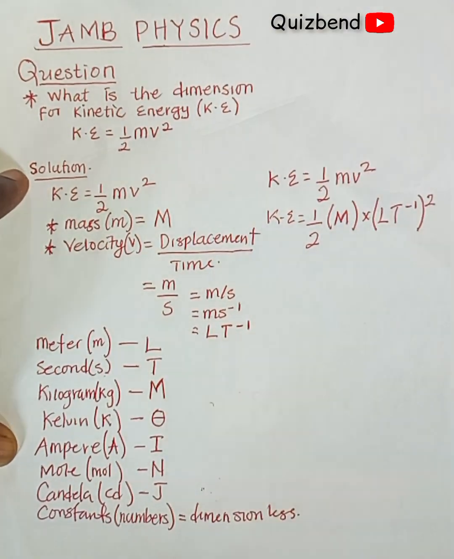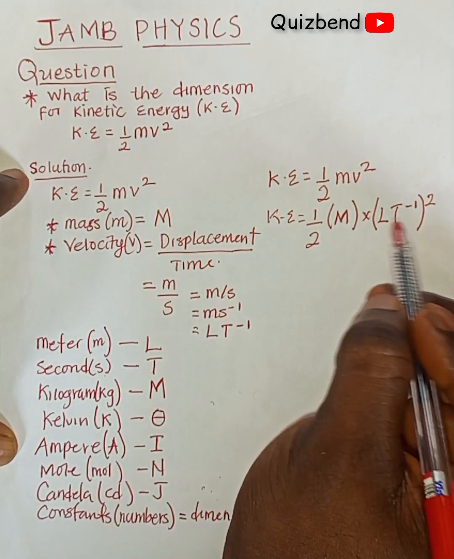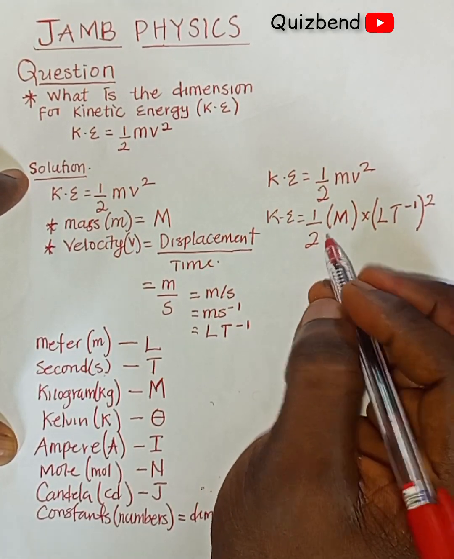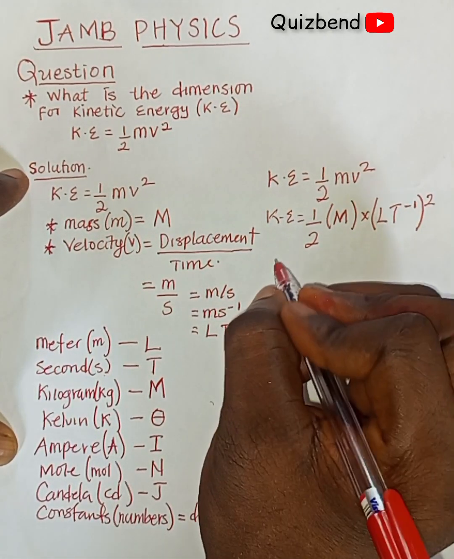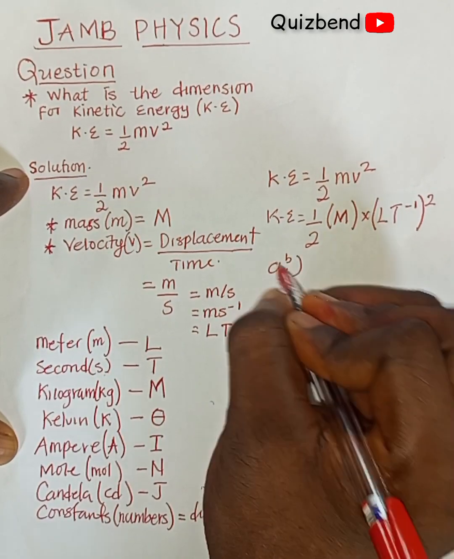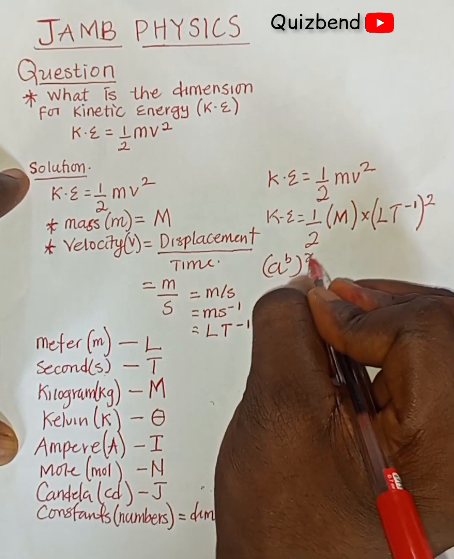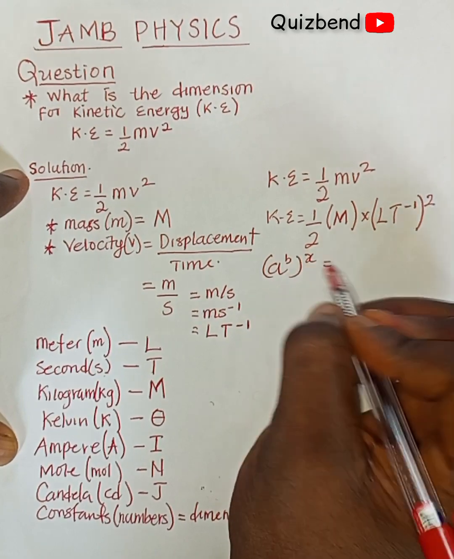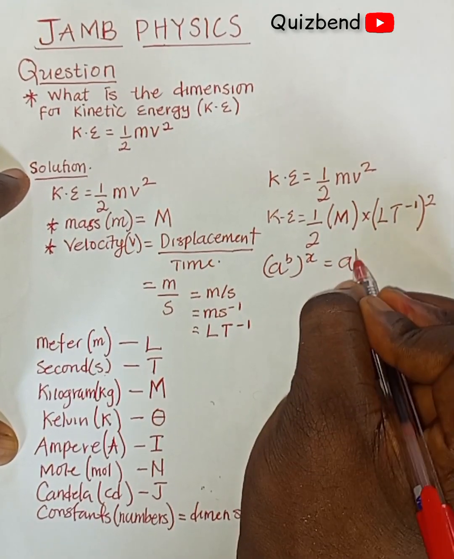To simplify this part, we need to use a law in indices. That rule states that whenever you have a raised to the power of b in brackets raised to the power of x, you multiply b and x together, so you have a raised to the power of bx.